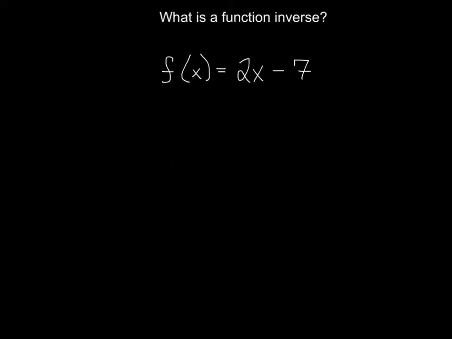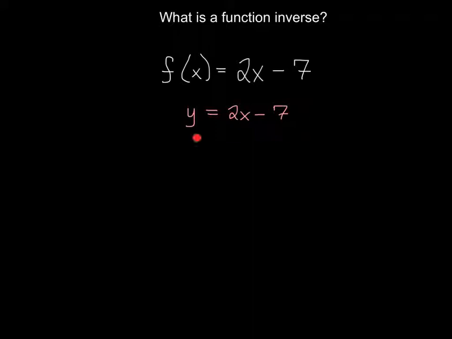What is a function inverse? If I have a function like this, f of x is 2x minus 7, just as a quick review of function inverses, we could rewrite this as y equals 2x minus 7. F of x and y are interchangeable. What is the first step toward finding the inverse from here?